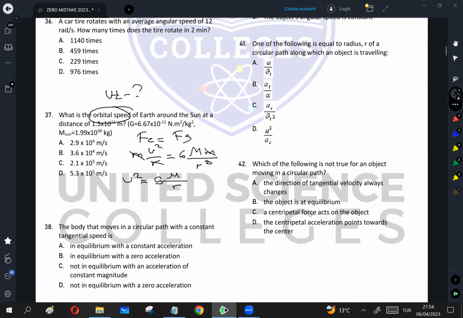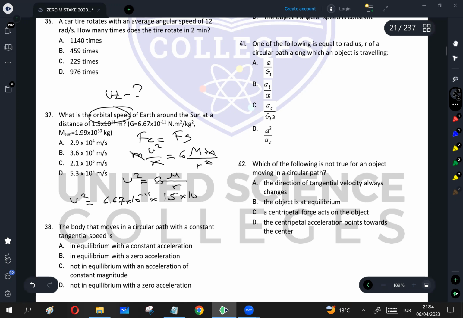And all are given. V squared is going to be capital G, 6.67 times 10 to the power of -11, times the mass of the star, which is the sun, 1.99 times 10 to the power of 30, divided by the radius of the orbit, 1.5 times 10 to the power of 11.